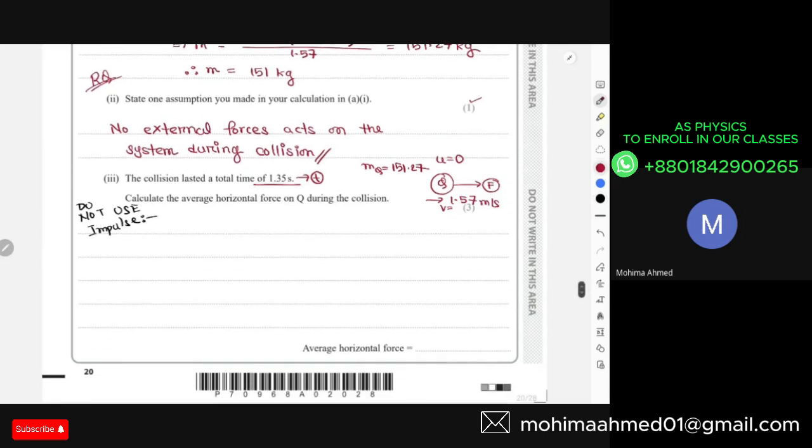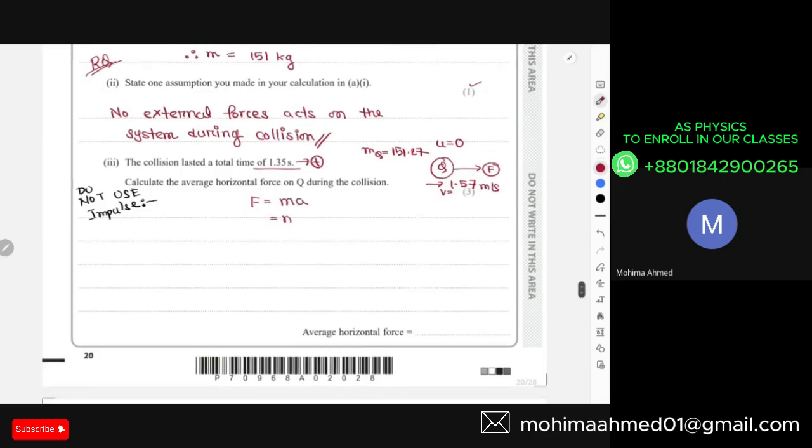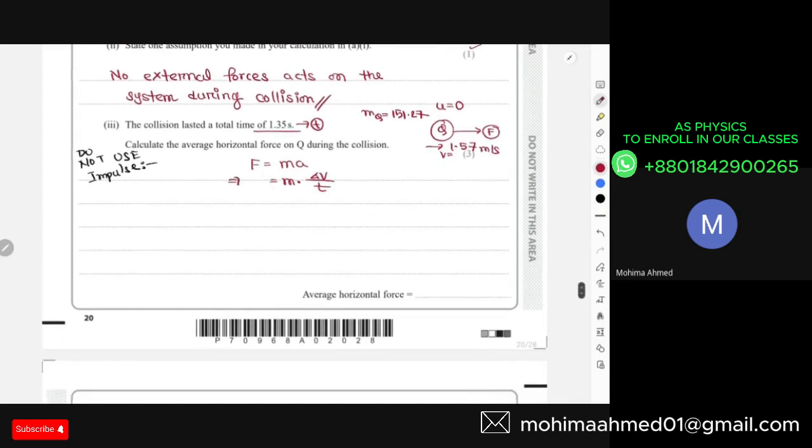And the derivation is that I can understand there is some changing velocity happening, right? I can write down F equals MA. I can consider a as change in velocity over time. So this is the information that I'm using here, right? If I want to find the force, I am going to break down acceleration in terms of velocity over time. And mass was 151.27 multiplied by 1.57 minus 0 divided by time, which was 1.35 seconds, right?